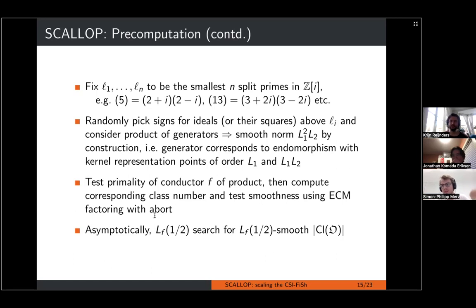Now, if you're familiar with class group computations, then you will say, oh, this is the same complexity as computing a general class group as was done in CSIDH, but the constant just seems to be much smaller, which is why it was still feasible. But eventually, asymptotically, we will run into similar problems.